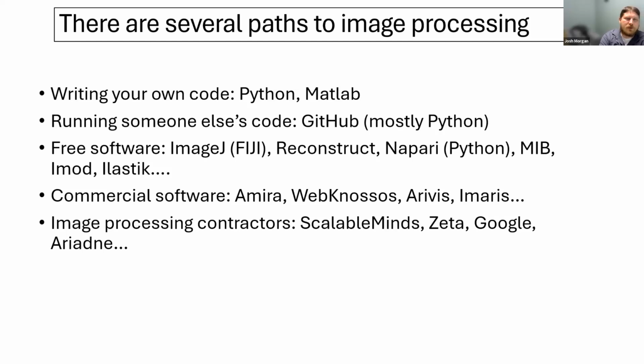So which of these approaches you take depends on your expertise, how much time you have, and really pretty critically on how large your data sets are. So for my lab, that threshold is about a terabyte. So when we have a data set that's more than a terabyte, we send it out to another group like Scalable Minds and have them do the alignment.